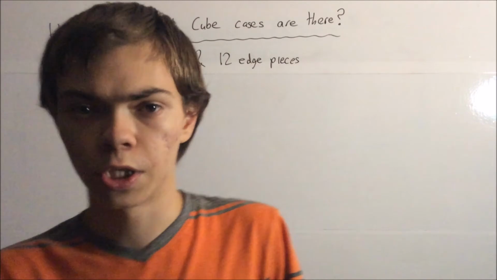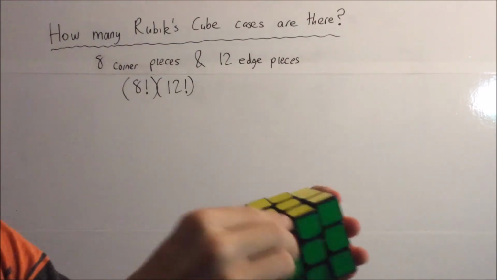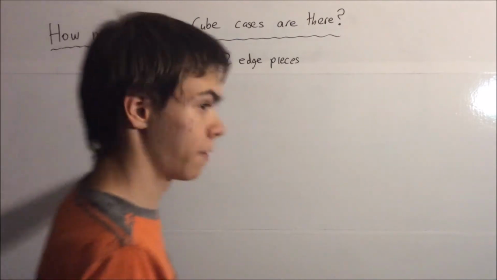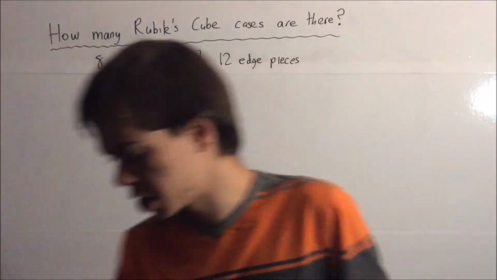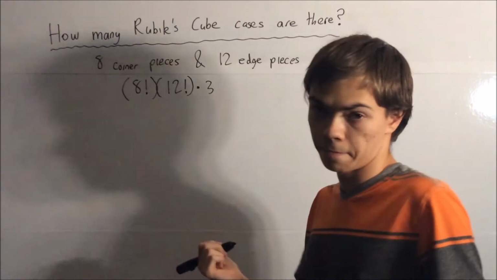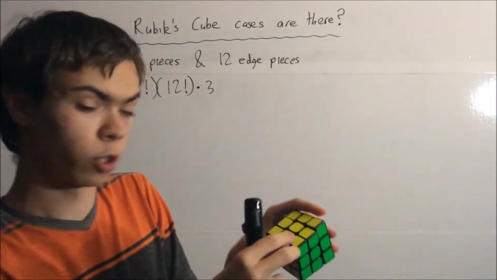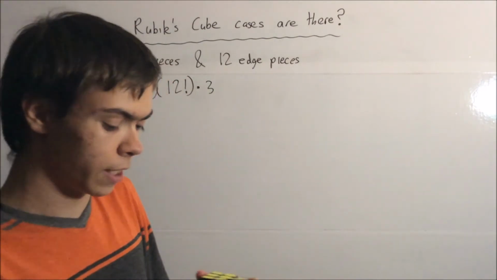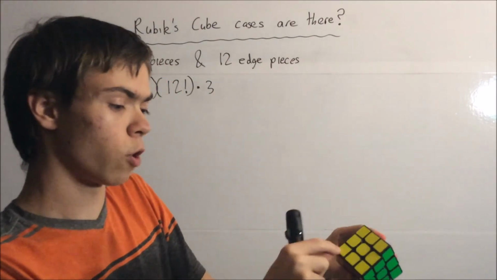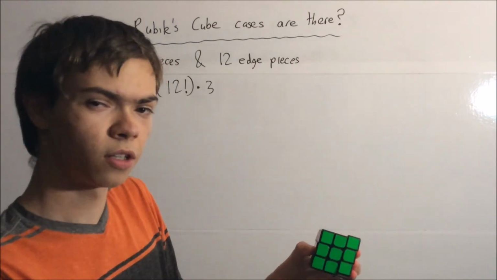So if we were to just combine the different directions for one corner piece in what we have here, we would just be multiplying by 3, right? Because in that case we would only be focused on one corner piece. But really, we're trying to account for all corner pieces and the directions, right?